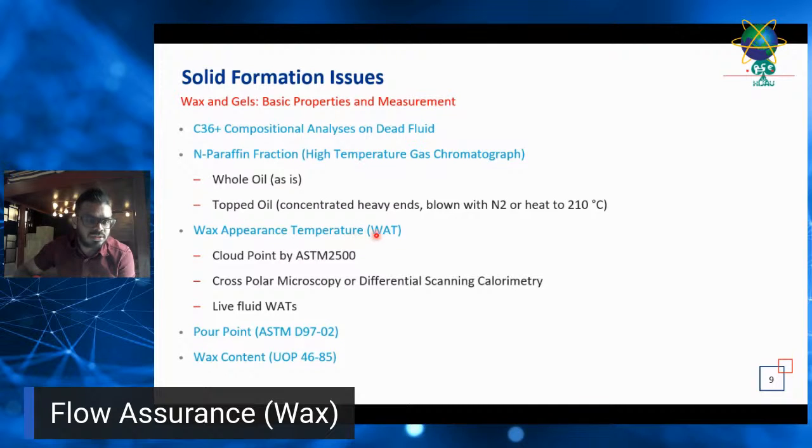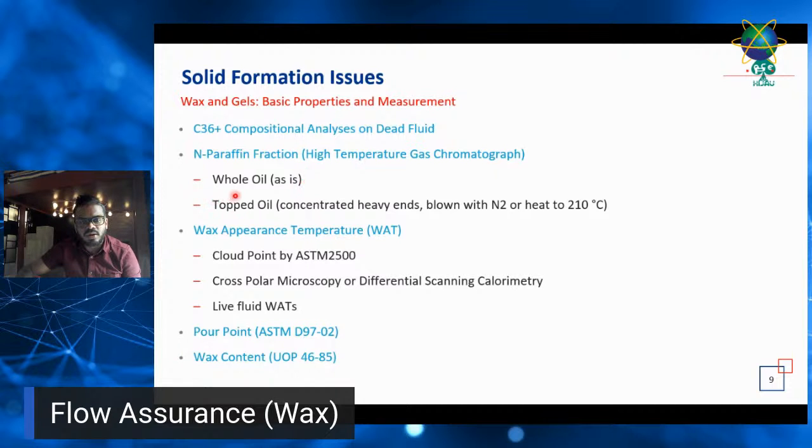your wax appearance temperature, WAT, which can be measured using cross polar microscopy or differential scanning calorimetry. Your pour point and your wax content, right? But if you are doing modeling for your wax, we will not match against the wax content.